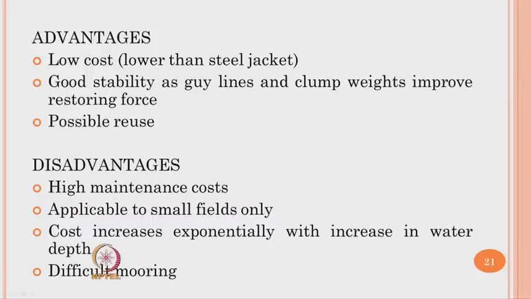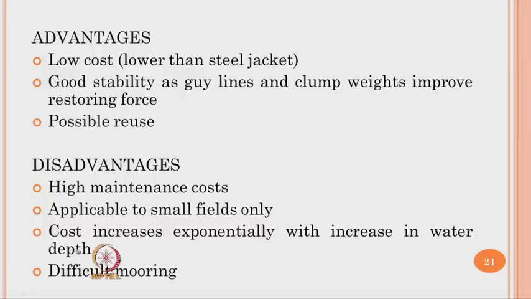They have very high maintenance costs because of a fundamental reason. The tower is supported by guy wires, and guy wires are made of steel which is corrosive in nature. These towers are applicable only to small fields because, as you see, the top side does not have enough facility for production and storage, it can do only exploration and marginal production.